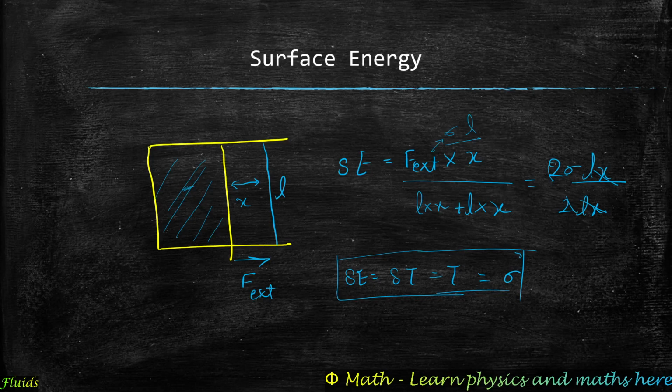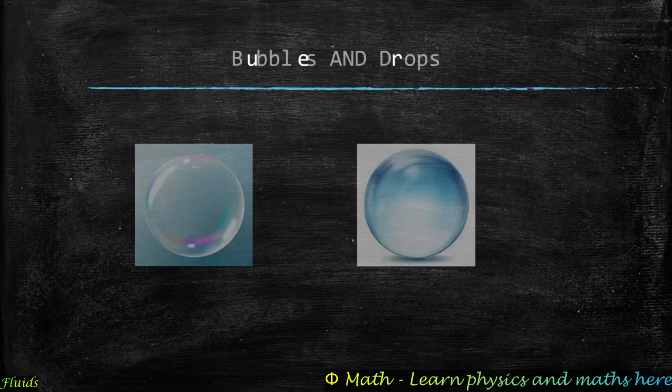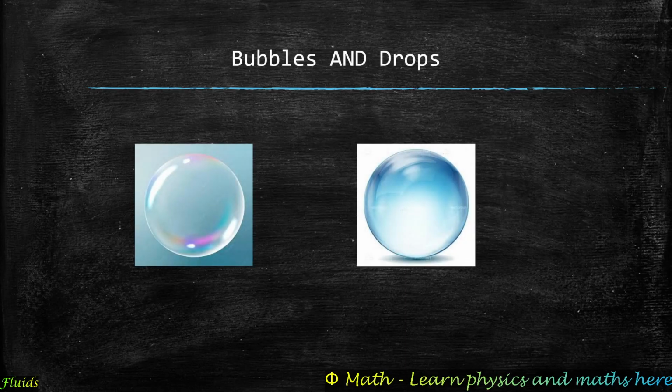So after this we are going to discuss bubbles and drops. The difference between a bubble and a drop is that the bubble is filled with air, and the drop is filled with water. So for this we are going to introduce a new term named free surface. So what is a free surface? A free surface is the surface which is in contact with air.